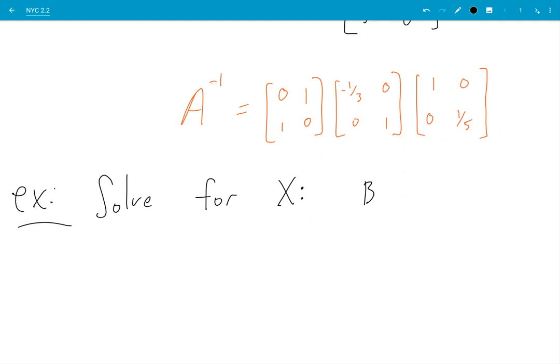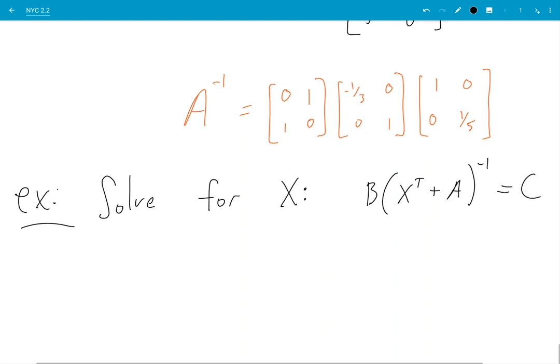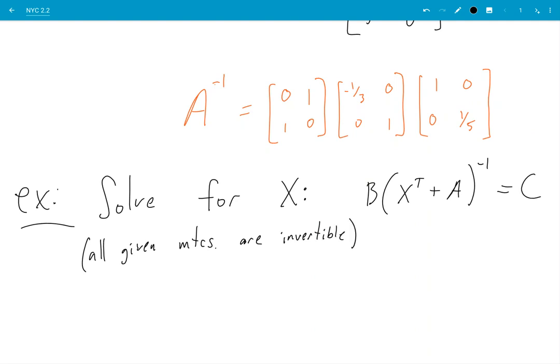This equation, (B x transpose plus A) inverse equals C. And we'll say all given matrices are invertible. Okay, we'll make that assumption.